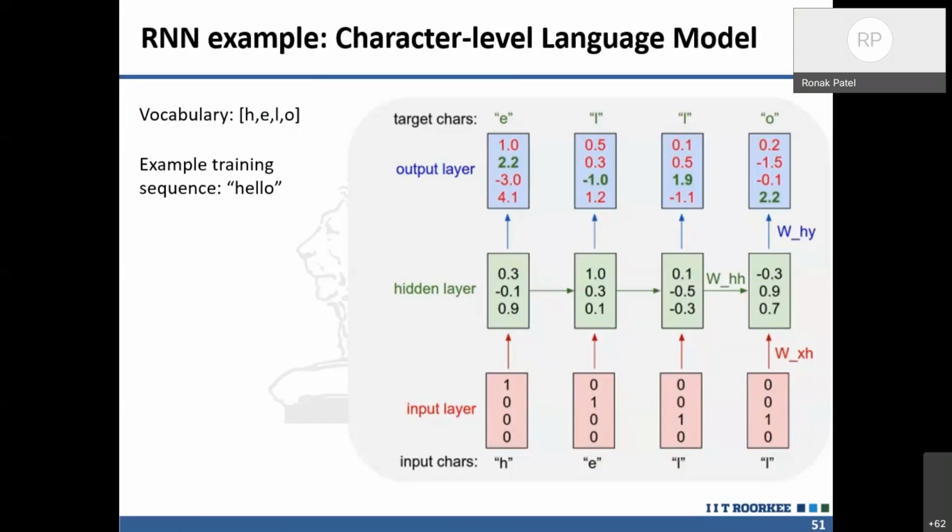Any other questions? Instead of 3 in this hidden layer, I could make it 5, or I could make it 7, and we have to see with which number it actually works.